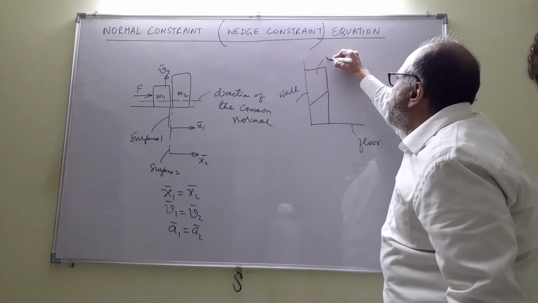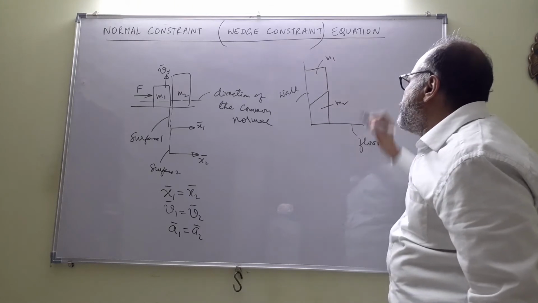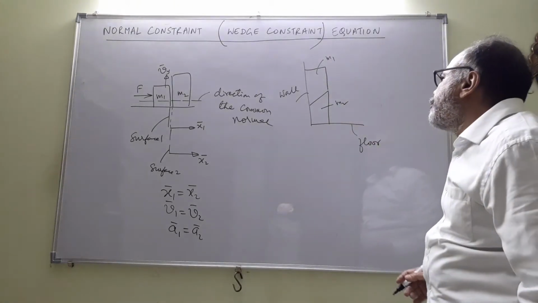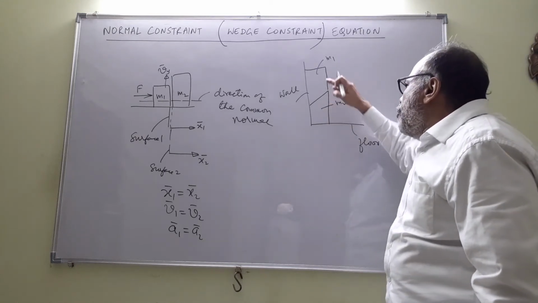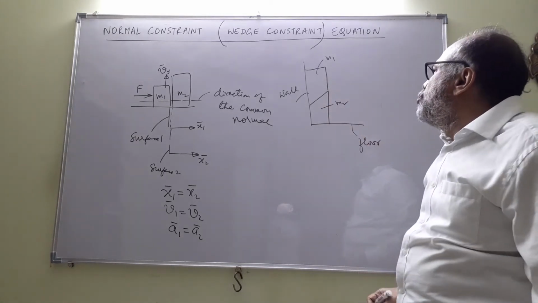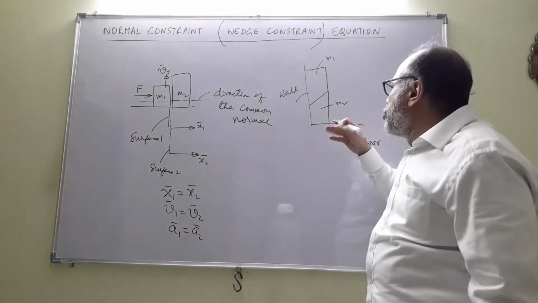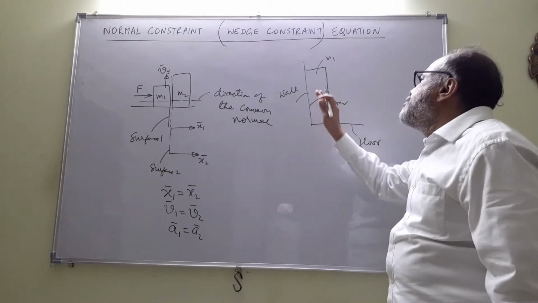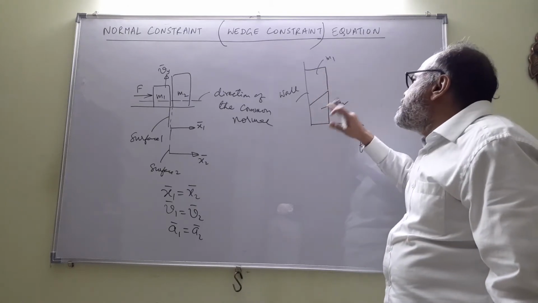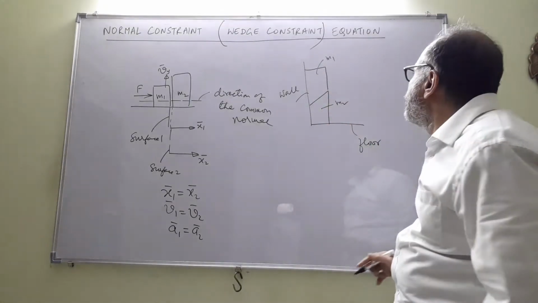Let us call this M1 and this M2. We wish to find out the accelerations of these two blocks. It's a block on block, and also the values of the contact forces at every contact.